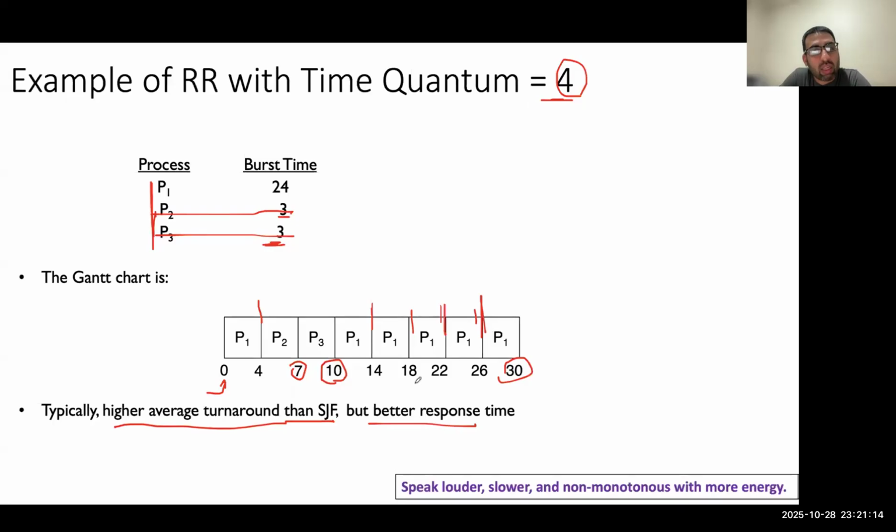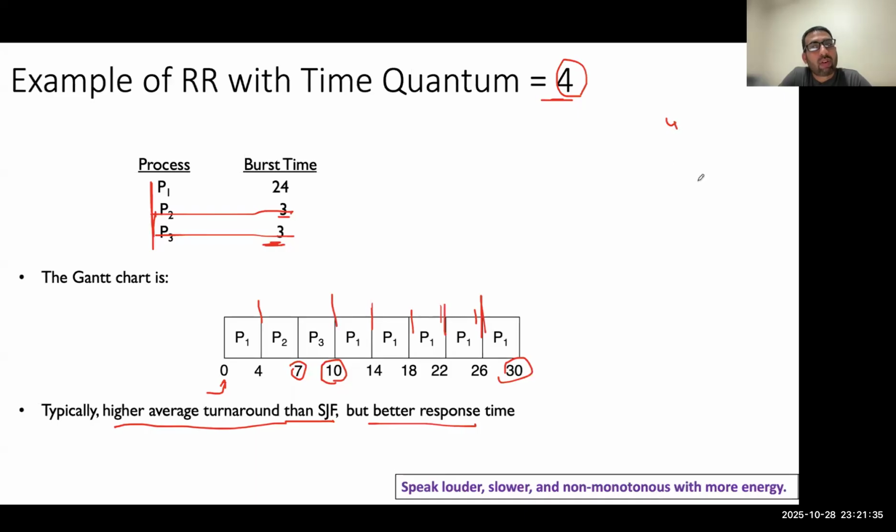Yeah, there are context switches. Why? Because remember, here, you are saying, okay, I am allowing P1 to run. And when I say I, it means the scheduler. The scheduler says I am permitting P1 to run for 4 time units. So it sets a timer with a value of 4 and the value decreases.